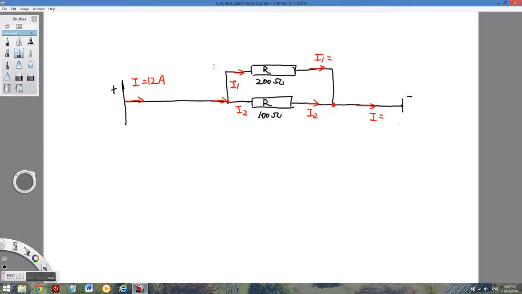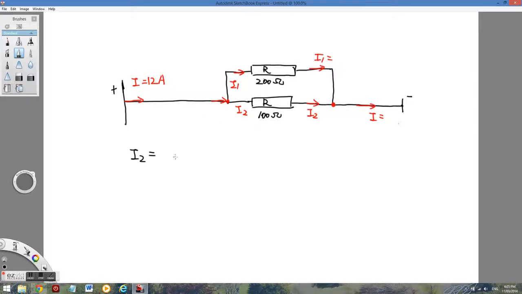In this case, the current splits in a ratio, and more current will travel through less resistance. So I2 should be bigger than I1, double I1.